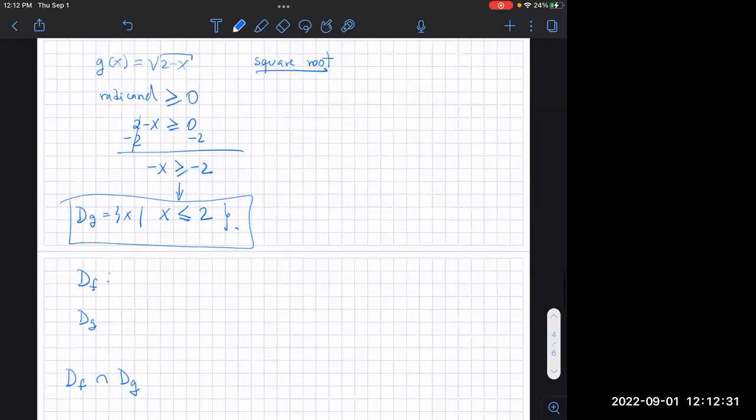Thank you. Professor, in the case of negative x, when you flip the sign over, if it was just negative x greater than or equal to 2, would you still flip it over? Yes, because you are dividing by a negative, right? So then this has to change. So I guess x less than or equal to negative 2. Yes.